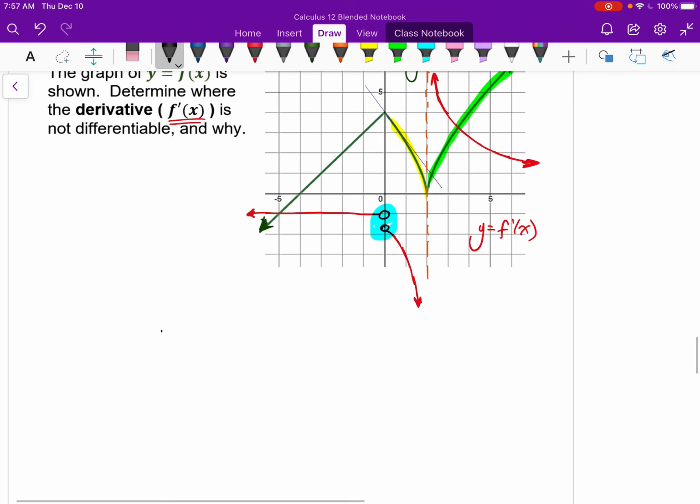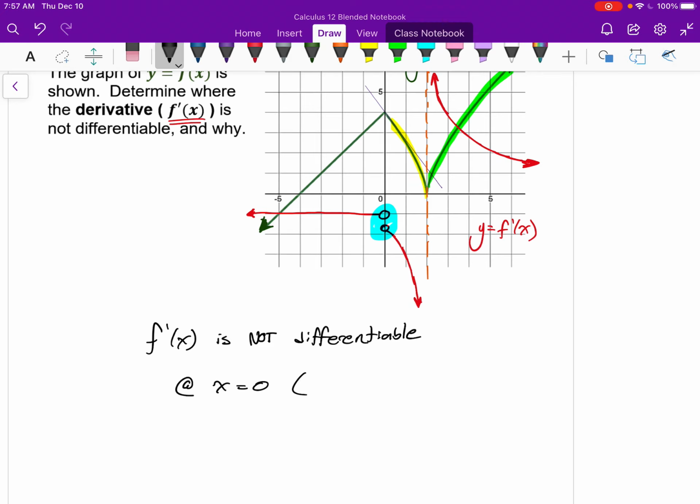I can say f prime of x is not differentiable at x equals 0, and again, because there's a jump discontinuity.